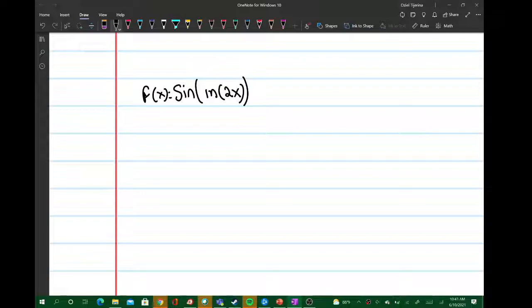Now, first, pretend that u is equal to ln of 2x, and pretend that this is y equals sine of the ln of 2x, or natural log of 2x. I know a lot of people say ln, but it's really natural log of 2x.